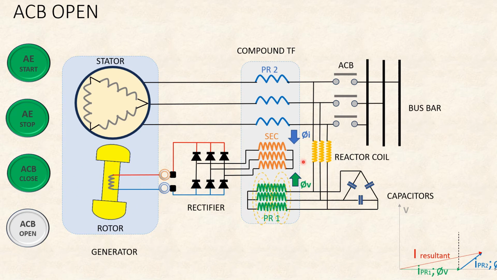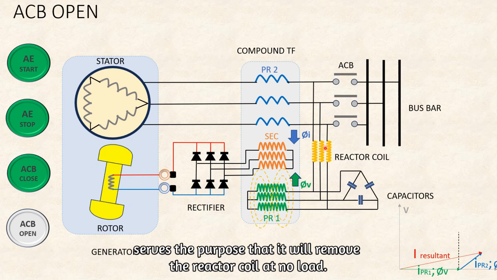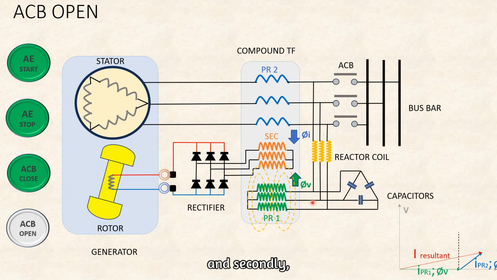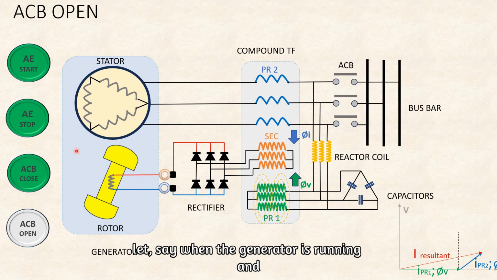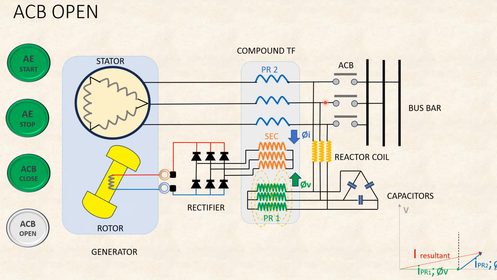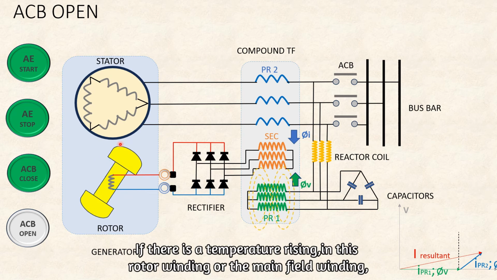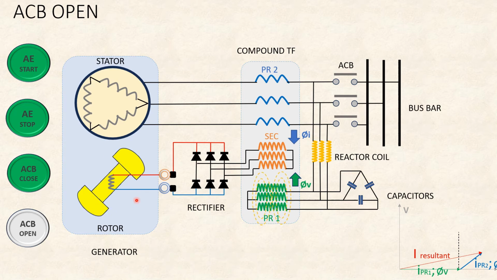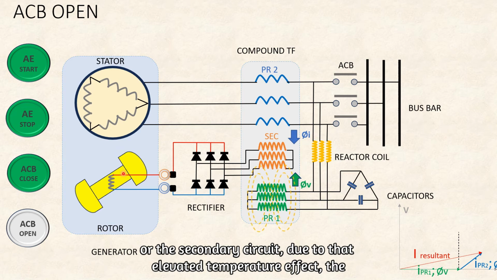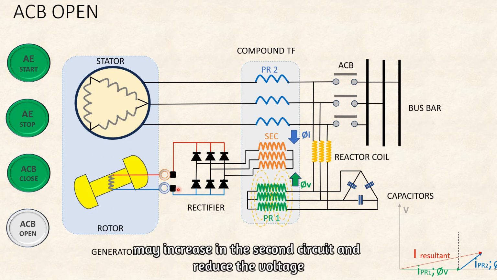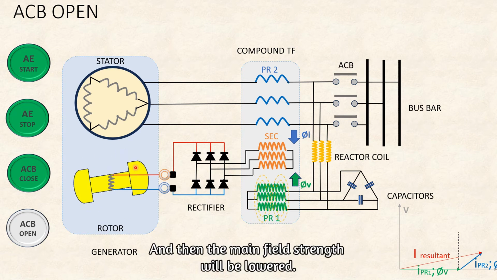First, it serves the purpose that it will remove the reactor coil at no load. And secondly, let's say when the generator is running and driving a load, if there is a temperature rise in this rotor winding or the main field winding, as well as the rectifier circuit or the secondary circuit, due to that elevated temperature effect, the impedance value of the secondary circuit may increase and reduce the voltage or the current, and then the main field strength will be lower.